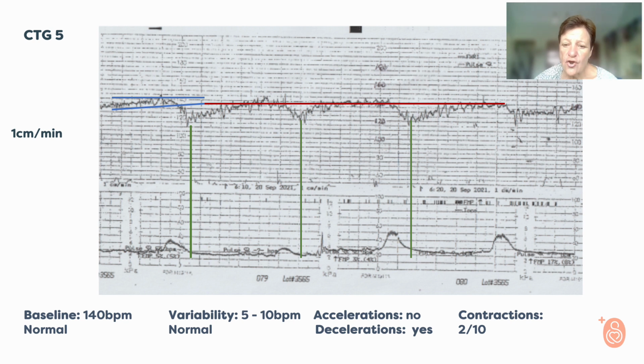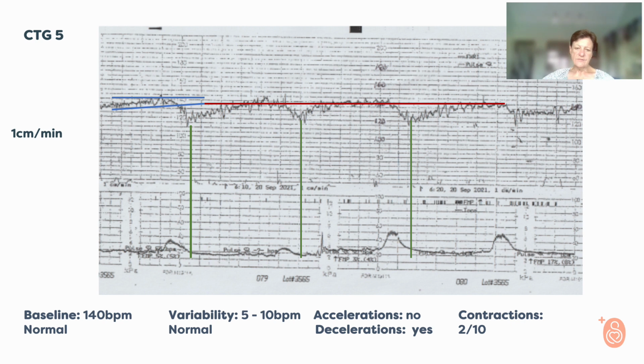If we look at how long the deceleration is, we also see that this graph has gone at 1 centimeter per minute. So 1 centimeter is a minute. And here we see about, if we just look from this darker line, there would be 1 minute, 2 minutes, 3 minutes. So this deceleration is almost 3 minutes long. This one I think would be more or less 2 minutes long. This one, if we look from that thick line to that thick line to that thick line, it's also about 2 minutes long.